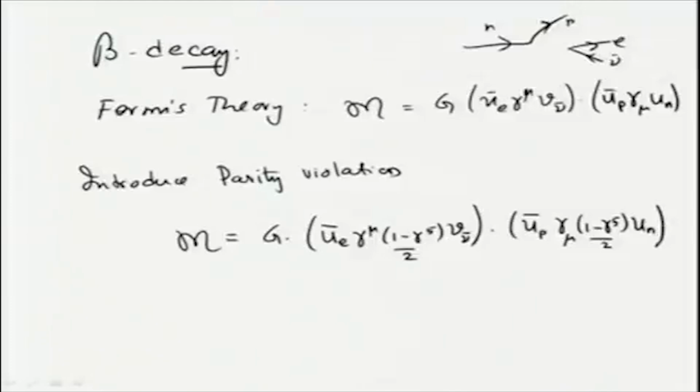So, Fermi's theory is modified, but not drastically. Instead of a vector current interaction, now we have a mixture of a vector and an axial vector current.